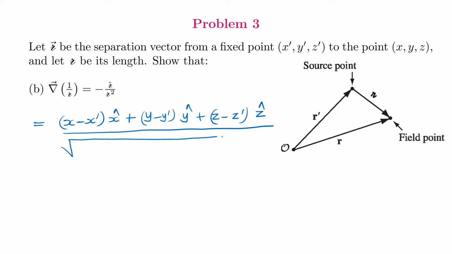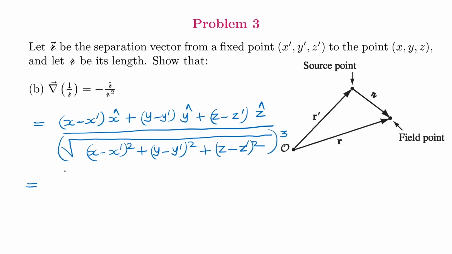the square root of (x minus x') the whole squared plus (y minus y') the whole squared plus (z minus z') the whole squared, to the power 3. In the numerator, what we have is vector script r, and in the denominator what we have is script r cubed.